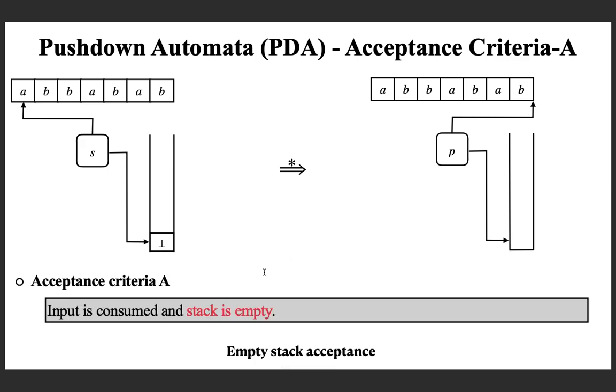And this criterion is called the stack empty acceptance criterion. That is, when you finish reading the input, if the stack is empty, the input is accepted, otherwise the input is not accepted. And see that even the bottom of stack symbol needs to be taken out. So this is the first acceptance criterion.